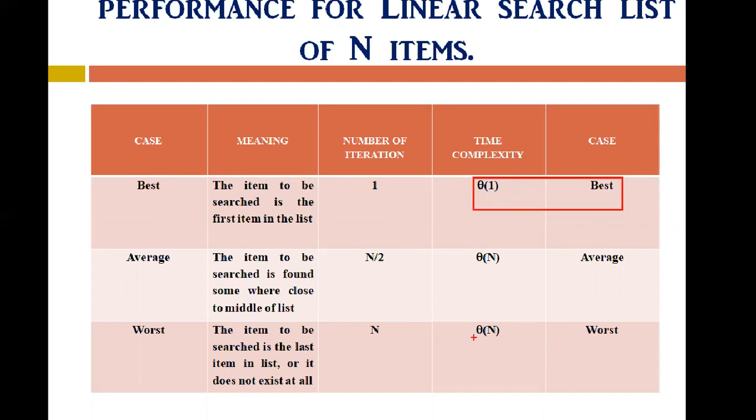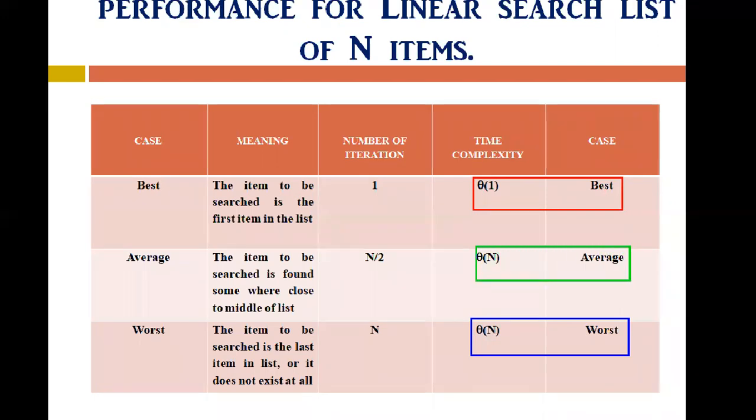If the element is present in the last position, n number of comparisons need to be performed, then it is called worst case time complexity. If the element is present in the middle position, then we need to perform some n by 2 number of comparisons, then it is also order of n, and it is called average time complexity.